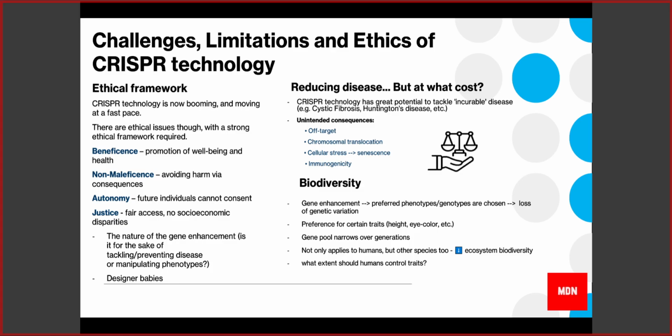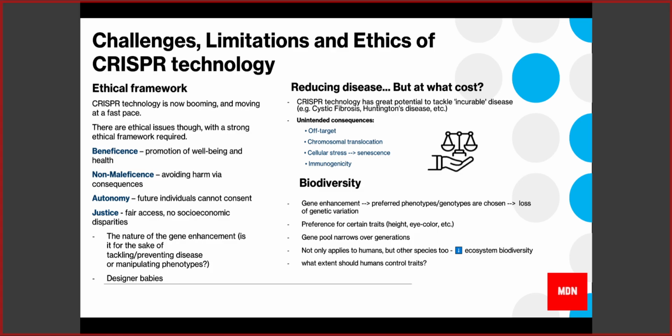The four main pillars of medical ethics, beneficence, non-maleficence, autonomy, and justice, all explore certain aspects of things that we need to consider as we establish CRISPR technology. So beneficence, we need to ensure that we promote well-being and health.